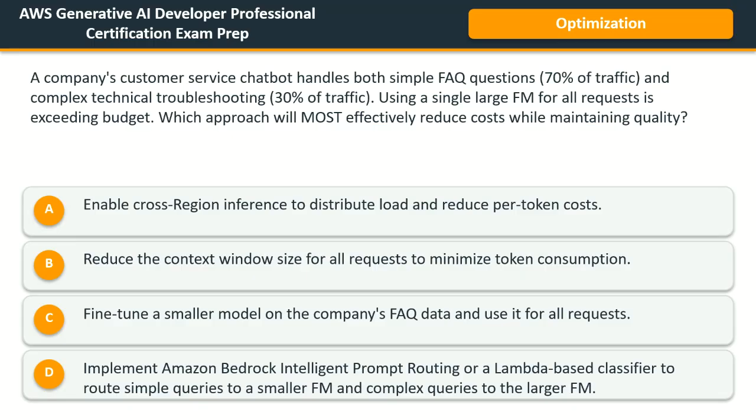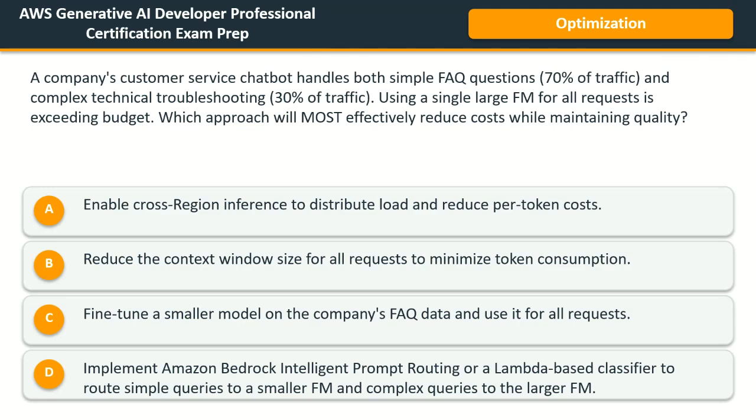Option A, enable cross-region inference to distribute load and reduce per token costs. B, reduce the context window size for all requests to minimize token consumption.